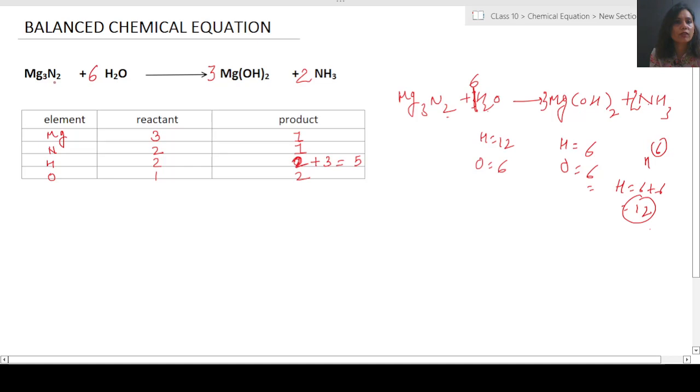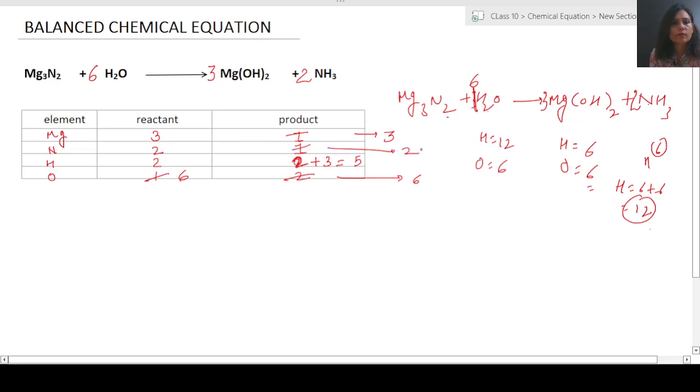Now Mg is 3 in the reactant, 3 in the product also. Now O is 6, 3 into 2, 6 here, and here also it is 6. N is 2 here, here also N will become 2.